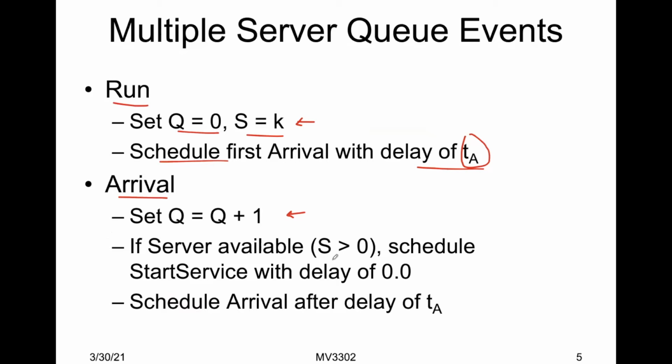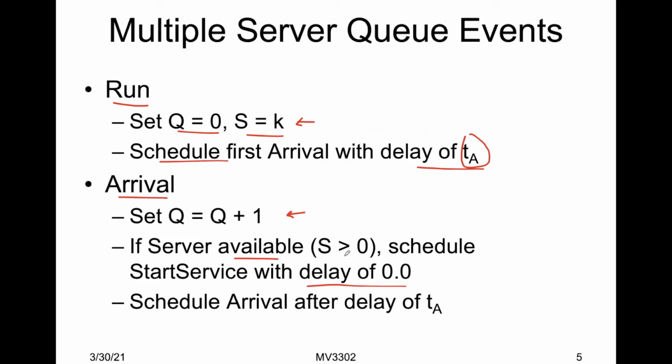You come into that line, and then you notice that there is a teller available, and you immediately go to them. So in this model, we're going to assume that delay is 0, that it takes you 0 time to get from the queue to the teller or the server. But we can only do that if a server is available.